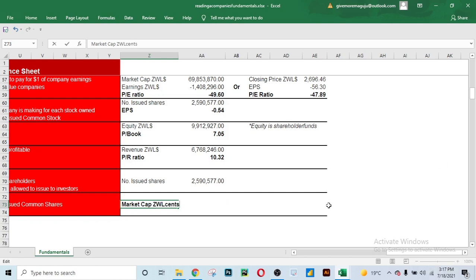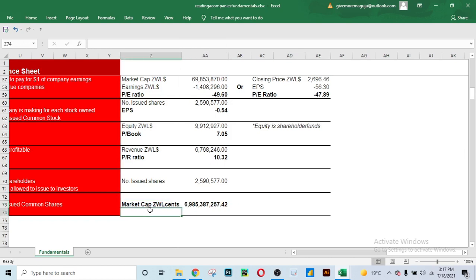This value there is in ZW cents. So let's calculate the market cap in ZW dollars. Remember, all we need to do is divide this by 100, because we need to get the dollars.